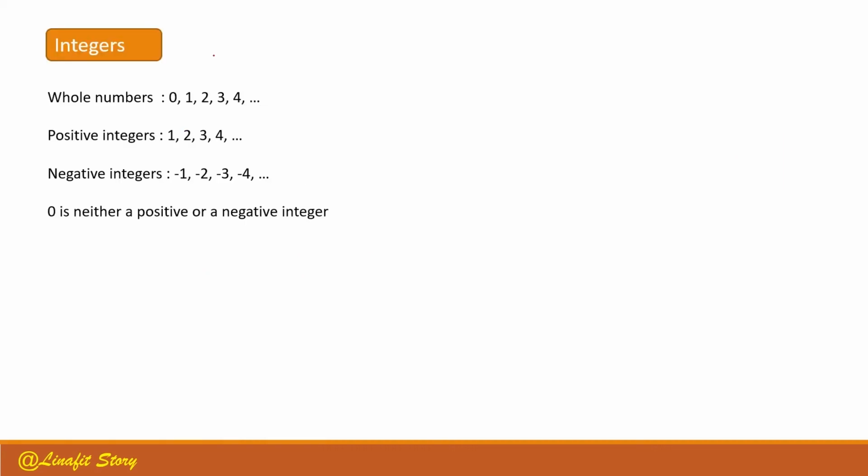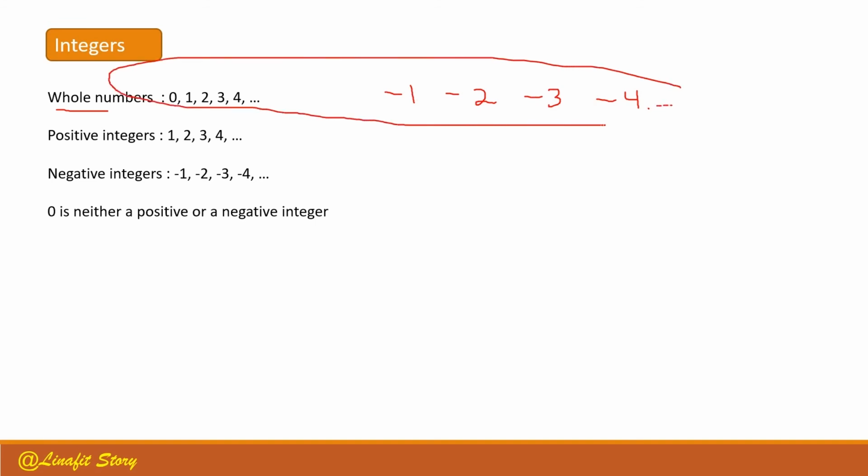In primary school, we have learned about whole numbers: 0, 1, 2, 3, 4, and so on. What about numbers such as negative 1, negative 2, negative 3, negative 4, and so on? Together, these numbers are called integers.